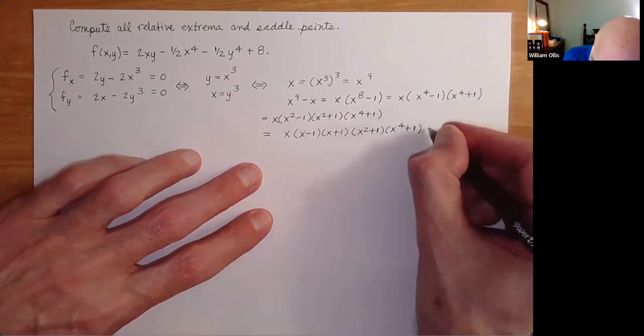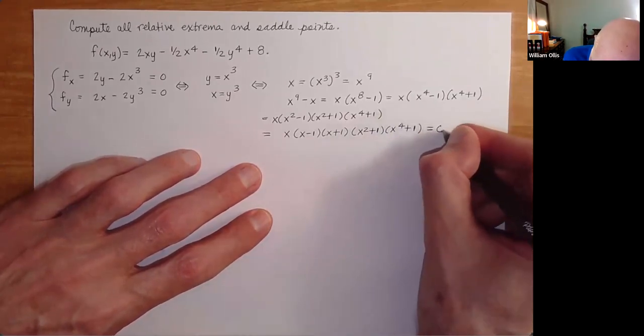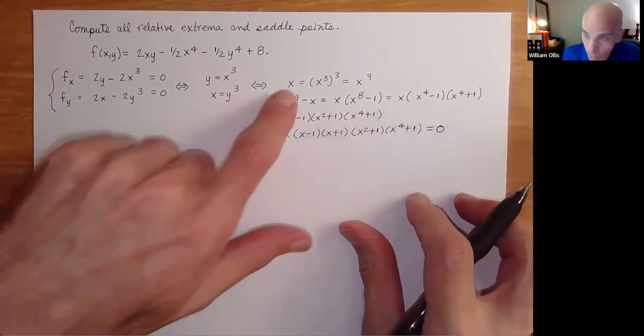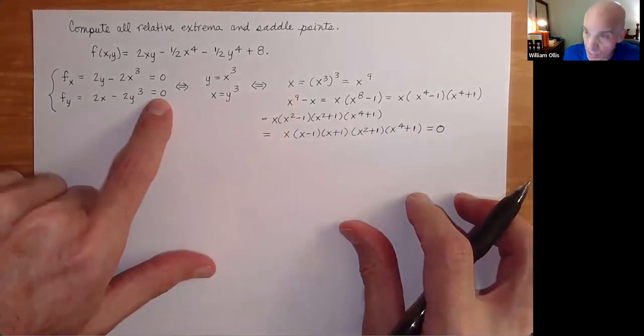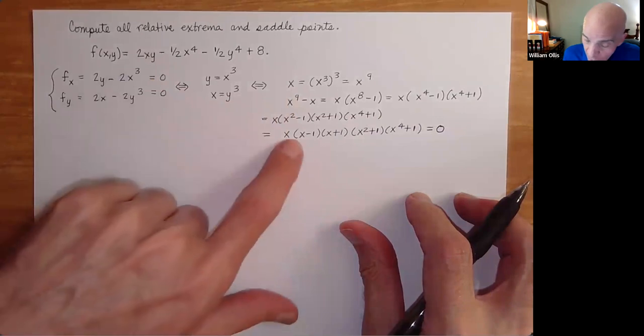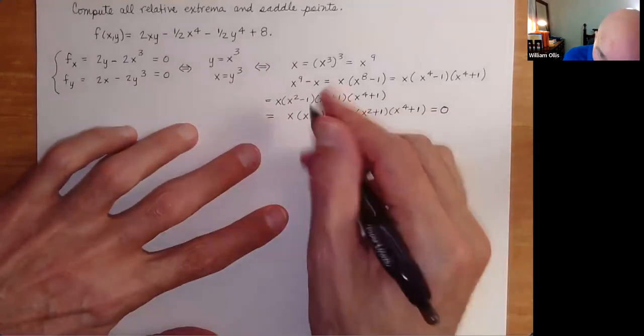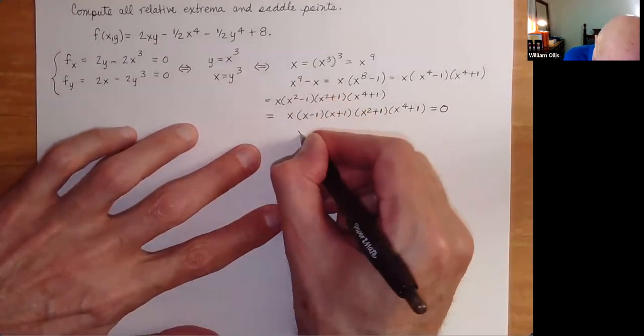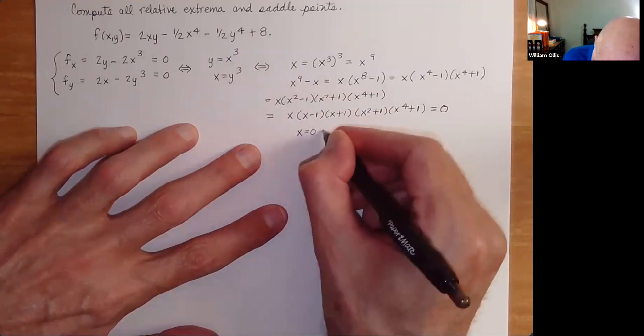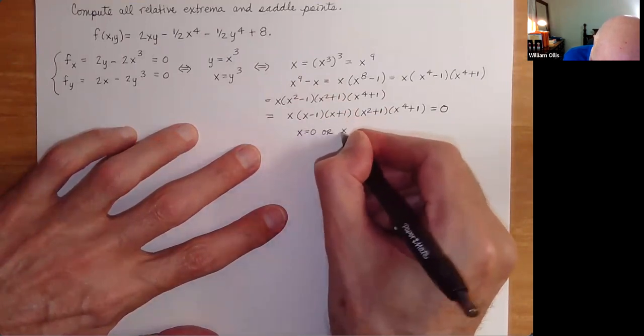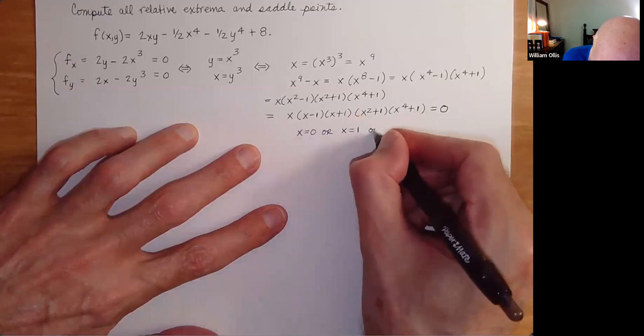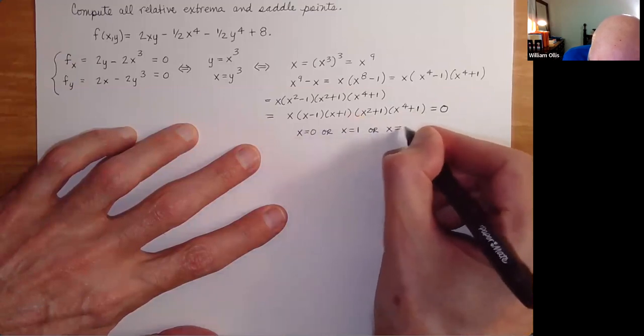So now, of course, this is equal to 0 from our original system of equations. So now we can use the zero product property. So this will give us what? x equals 0, or x equals 1, or x equals -1.